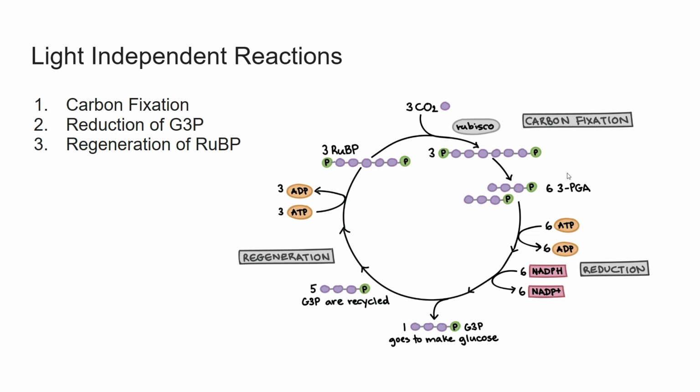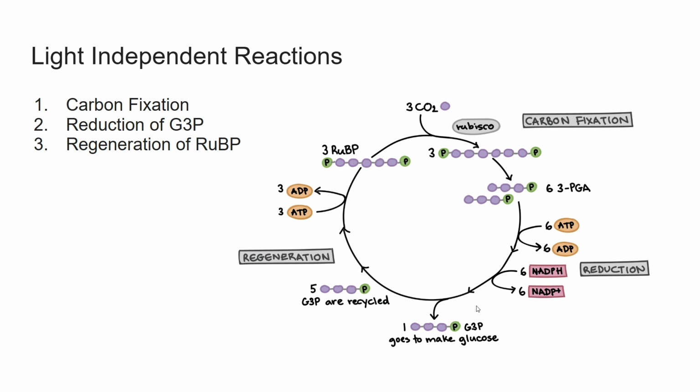And so this compound is very unstable, so it splits into 2 3-PGA, right? Then with the total ATP and 6 total NADPH, it reduces this 3-PGA into, wait, there's 6 3-PGA, right?